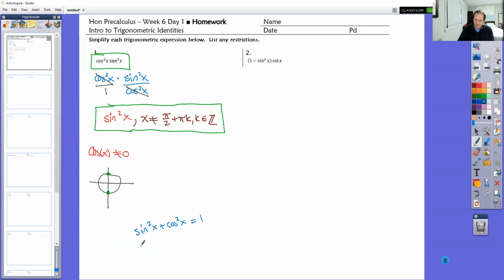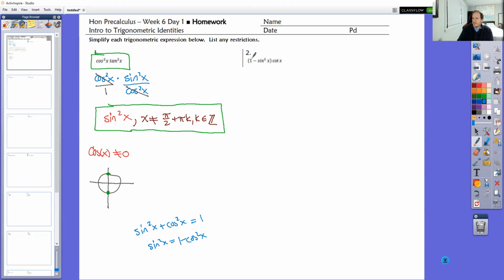You could obviously do cosine squared plus sine squared. I'd like to think that's pretty trivial. You could also subtract cosine squared, though, and find that sine squared of x is equal to 1 minus cosine squared x. That's semi-non-trivial. But if you stop and think about the fact that all that you're doing is subtracting something from both sides, that's pretty trivial.